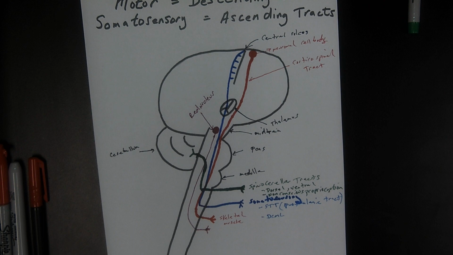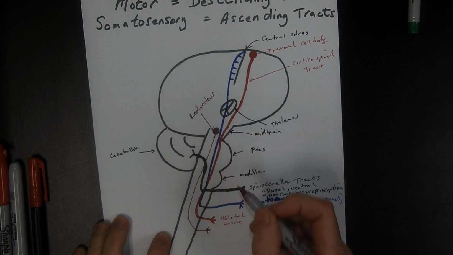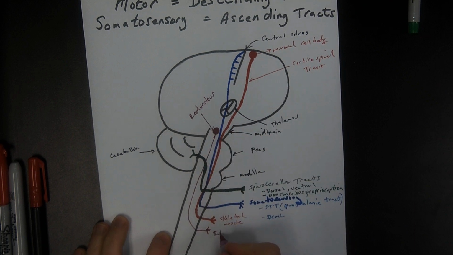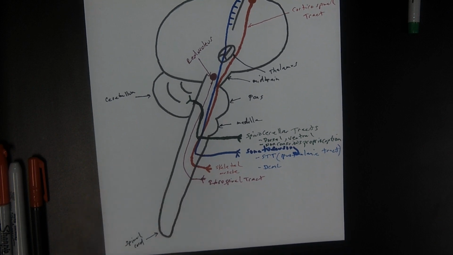Okay, and the name of this tract is called the rubro, for red, rubro, R-U-B-R-O, spinal tract, the rubrospinal tract. And the rubrospinal tract carries information about, specifically in humans, upper extremity flexion.